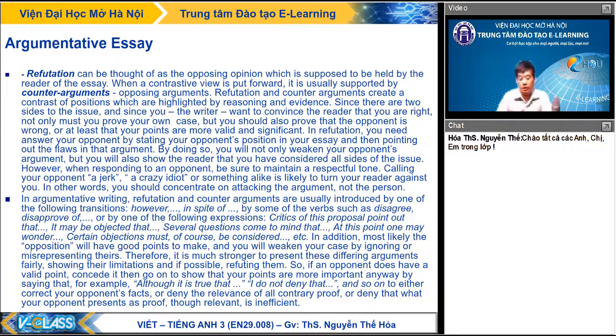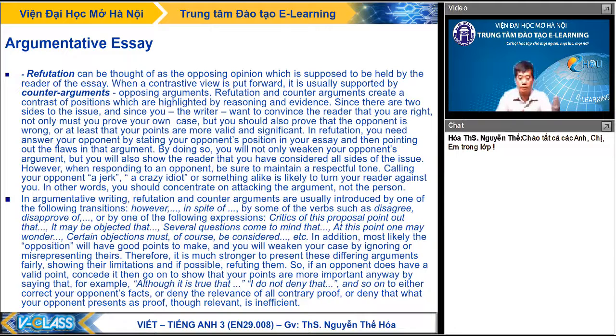What about refutation? It can be thought as an opposing opinion which is supposed to be held by readers of an essay. When a constructive view is put forward, it is usually supported by counter-argument. This is opposing argument.